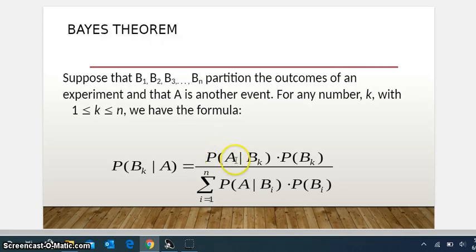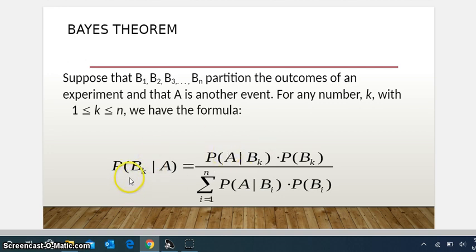There is a lot of difference between P of A given B and P of B given A. P of A given B means B has already occurred, you know the probability of B, and you want to calculate the influence of B on A. But what is P of B given A? Given that A has already occurred, what is the impact of A's occurrence on B? So there is a lot of difference.